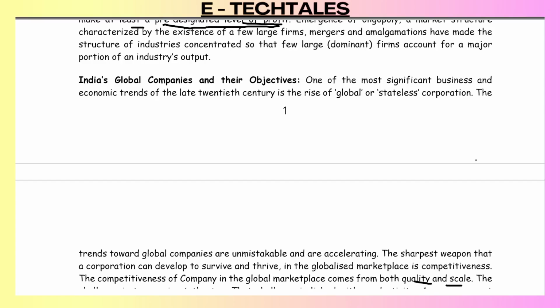The rise of global corporations underscores the importance of competitiveness, quality and continuous improvement, etc. We have to understand that this dynamics is crucial for everyone looking to grasp modern business operations, right?